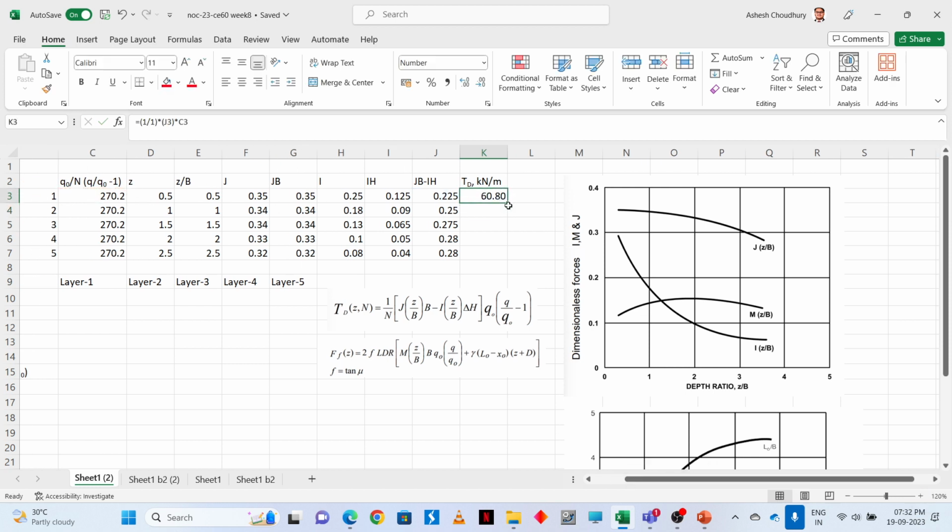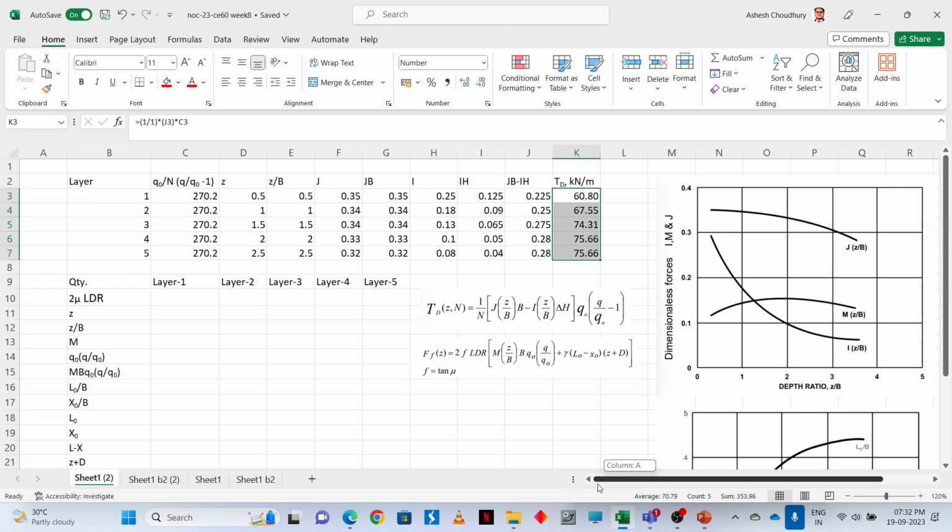So you just drag it down, we'll get for all the layers. Done. So like this, we determined the force that is coming on each layer.